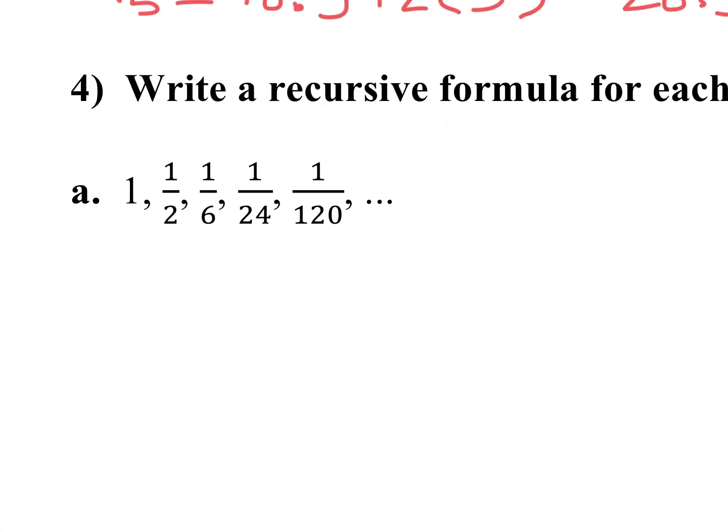All right, for number 4, we have to write a recursive formula. 4A is kind of tough because it's not arithmetic or geometric. Notice the numerator never changes. It's always 1. So we have to figure out what's going on in the denominator.